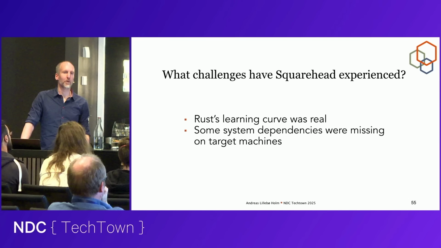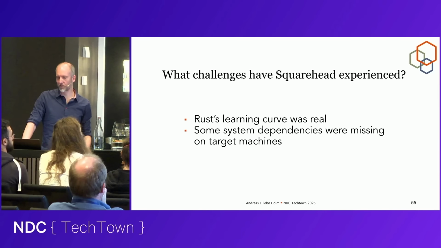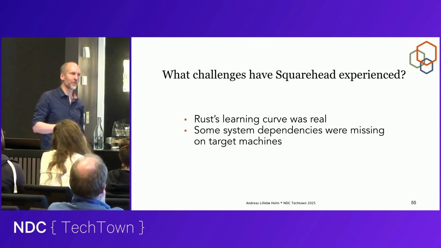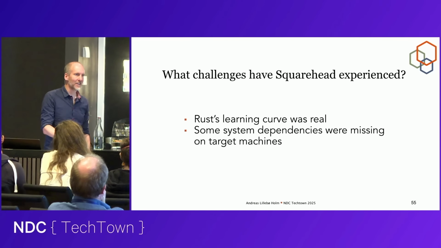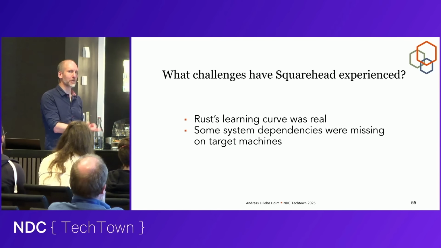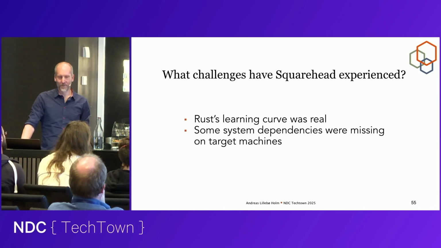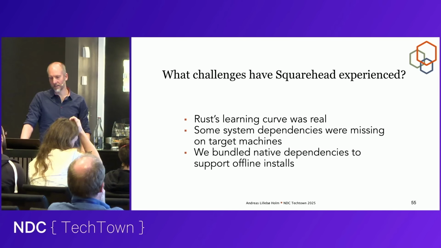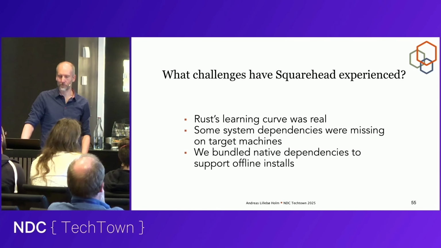We did have some problems with system dependencies missing on target machines, because we install our application on other users' computers, and sometimes we had to bundle the native dependencies to support offline install.